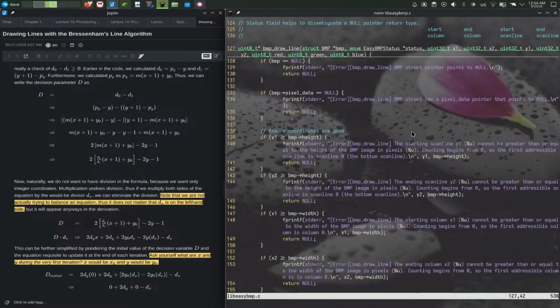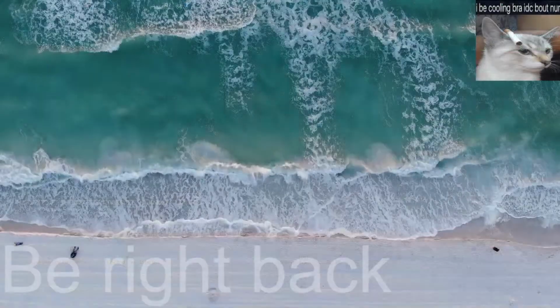Let's just go pay credit where it's due to the man who gave us this algorithm, because without it, we owe to him all sorts of stuff in terms of graphics. So one moment.